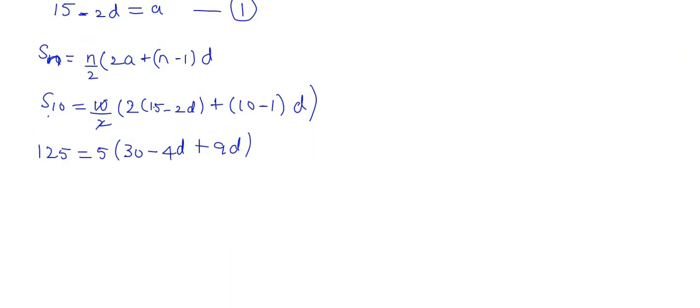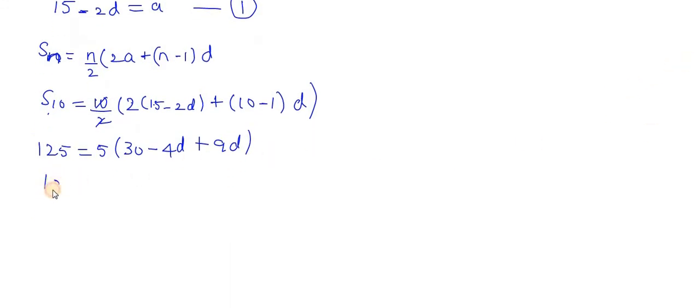Now simplify it further. 125 is equals to 5 into (30 minus 4D plus 9D), which is plus 5D.